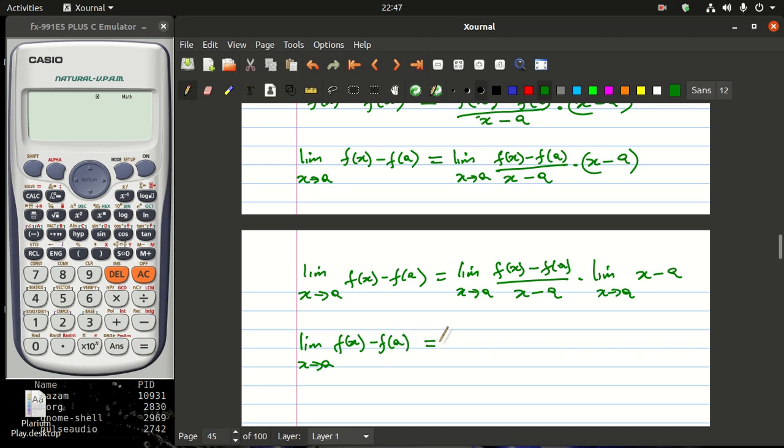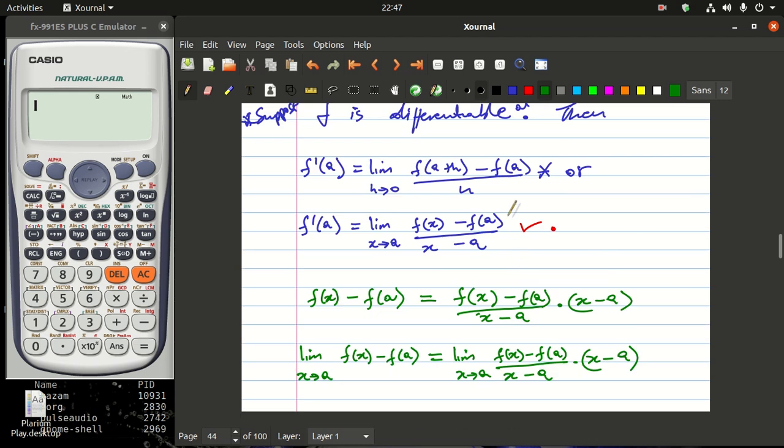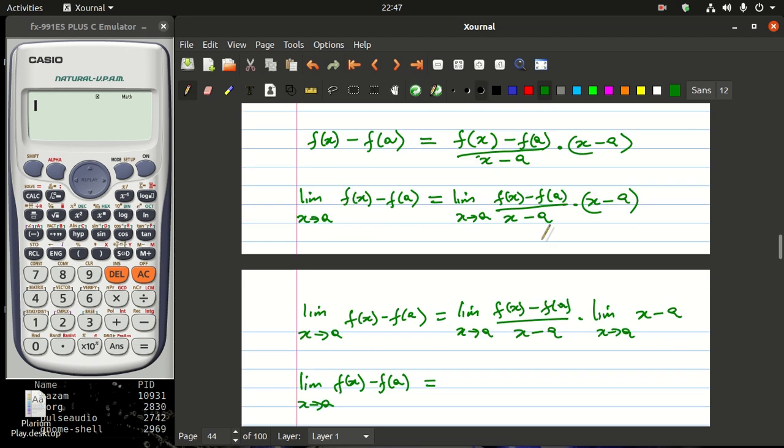If you look into this carefully, you will find something very interesting: this one here, as we said before, is just f prime of a. So this part I am going to say is just f prime of a times. If you look at this, I have an x here, I have an a. When I'm taking a value very close to a, plugging it into a calculator, it will just round it off to a.